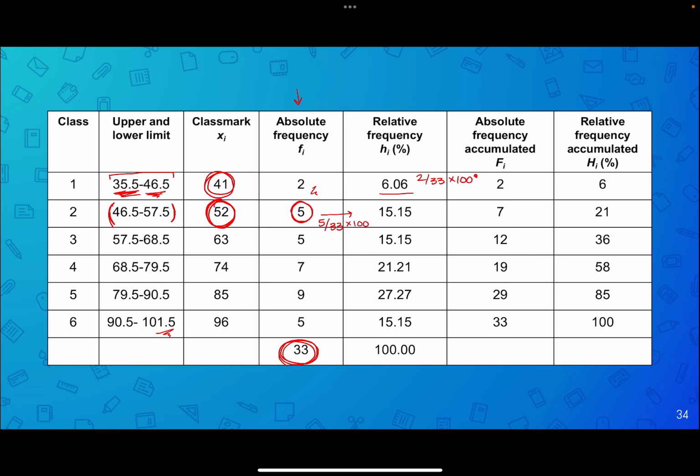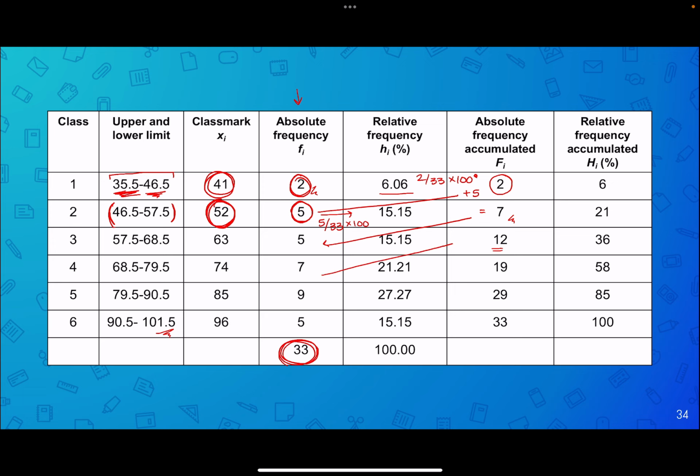Now, what is the absolute? The absolute is just adding them. So for example, here I started with 2. This number is the same as this, but this 7 is the 2 plus the 5. So the 2 plus the 5 gives me a 7. And the 7 plus the 5 gives me a 12.